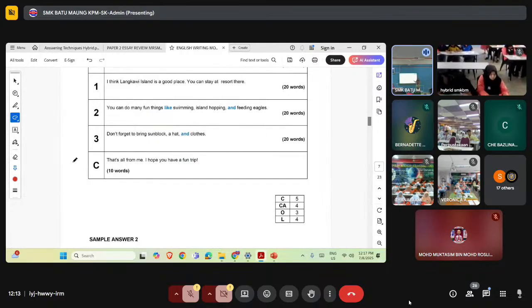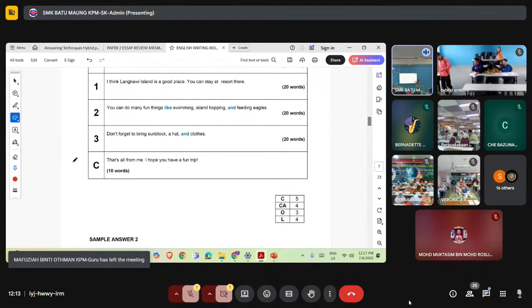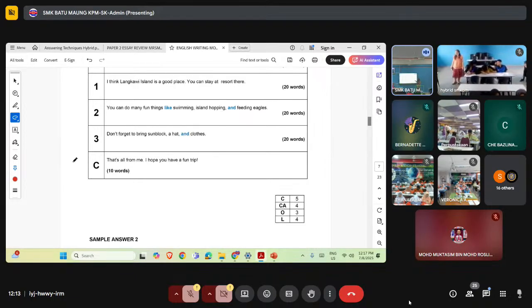Content, definitely you will get 5. When it comes to CA, communicative achievement, as long as the tone is friendly, you have contractions, informal way of writing, and there is no problem when reading your essay, smooth. You can get 4 to 5 actually. You can even get 5 for CA.